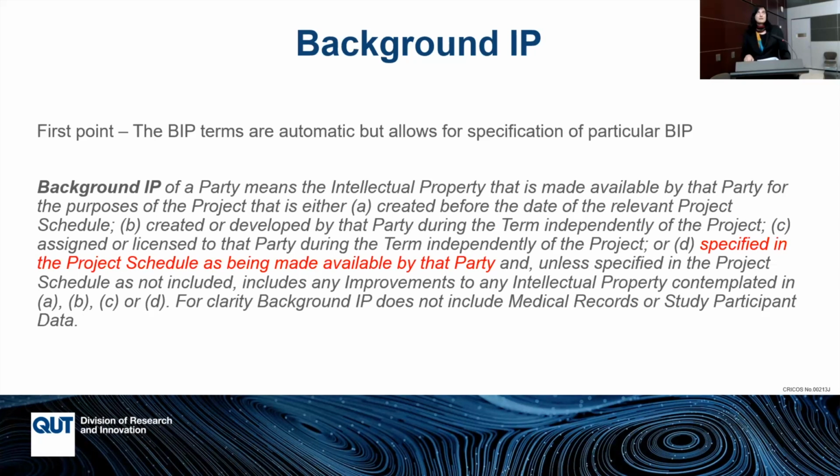Without specifying it in the project schedule, in that item in the schedule, people get a pretty free run at it, and they also get a right to negotiate a future commercialization license if it's necessary in order to commercialize the project material. Accordingly, you're binding yourself up to something which is potentially problematic for your future management of the material that you've already handed in.